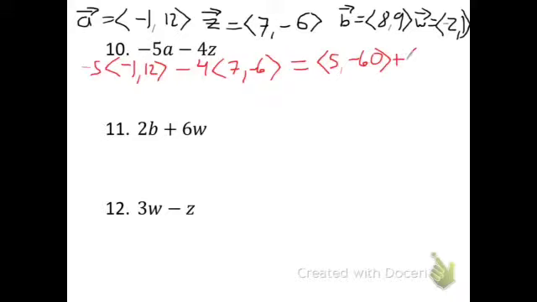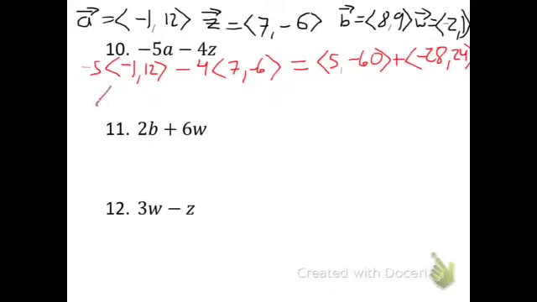Negative 4 times the 7 there is negative 28. And negative 4 times the negative 6 gives you positive 24.